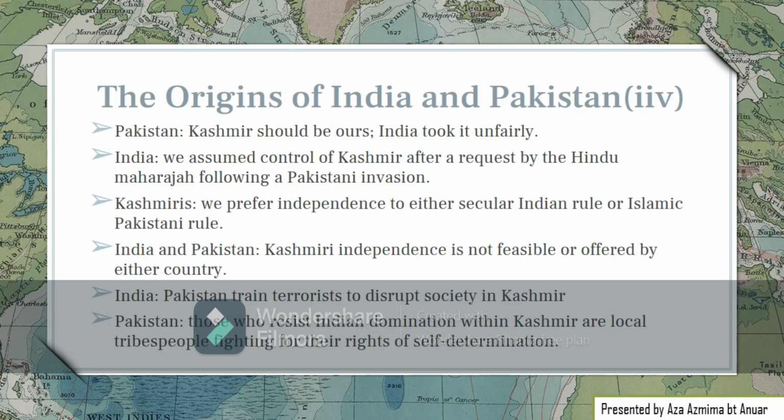Pakistan says those who resist Indian domination within Kashmir are local tribespeople fighting for their right of self-determination. India says Pakistan held on to a third of Kashmir despite the United Nations ruling that a referendum should decide Kashmir's future.